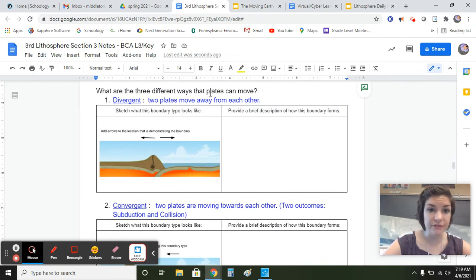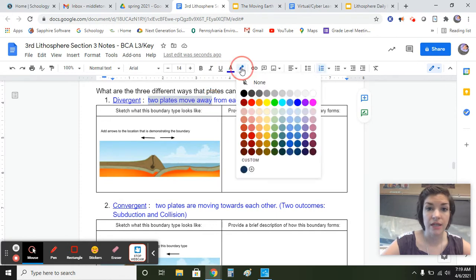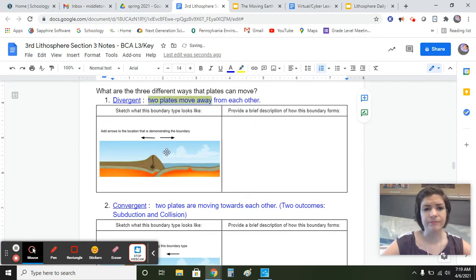What are the 3 different ways that plates can move? The first one is called divergent, as in they're moving away. So 2 plates move away. Let's highlight that. The way that I remember this is kind of sad, but divergent and divorce have the same beginning, and obviously divorce means that 2 people are splitting up.